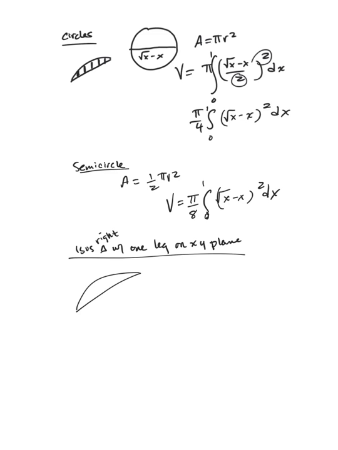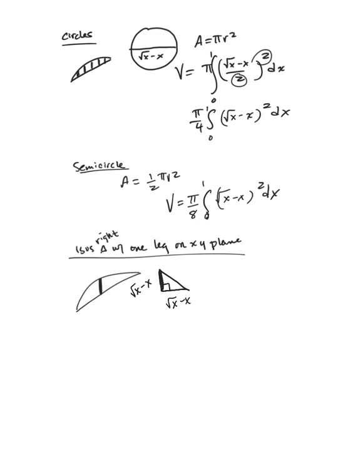Picture that here's a leg, right? This is one leg. So then your other leg would be popping up out of the page. So this leg would be square root of x minus x. Your other leg popping up out of the page would also be square root of x minus x.